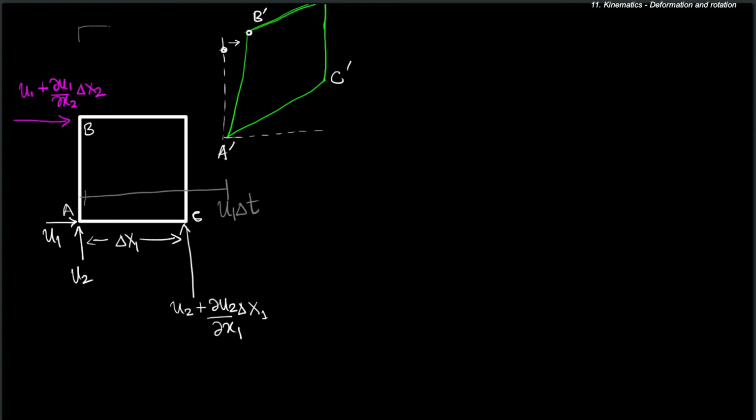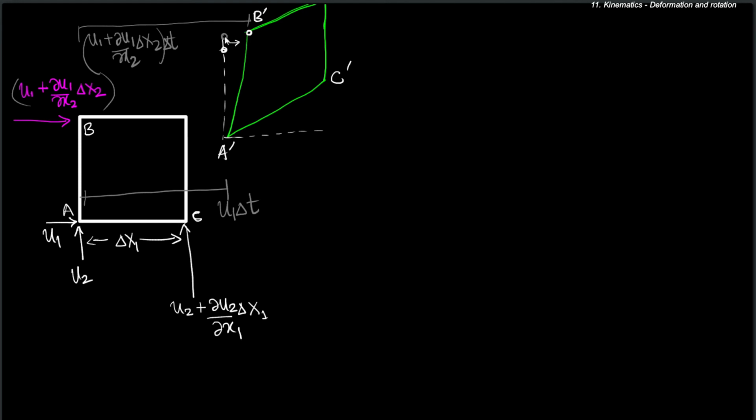The displacement of point B in this direction will be the velocity of point B times delta t. So this will be u1 plus del u1 del x2 delta x2 multiplied by delta t.